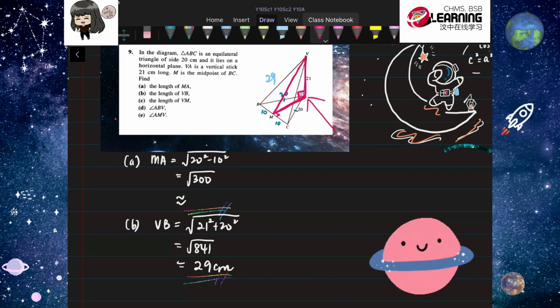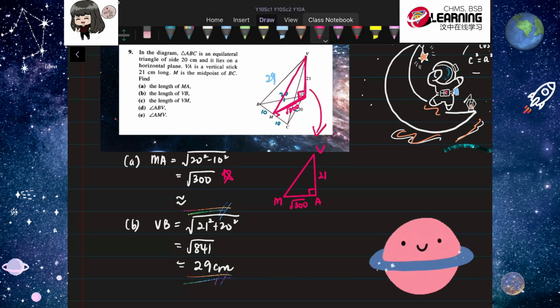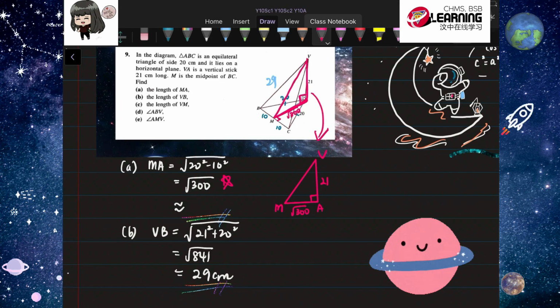Okay, this is MA. MA is square root of 300. So it forms a 90 degree triangle, where this is your VM and A. This is 21 and MA is square root of 300. I draw the triangle here already.